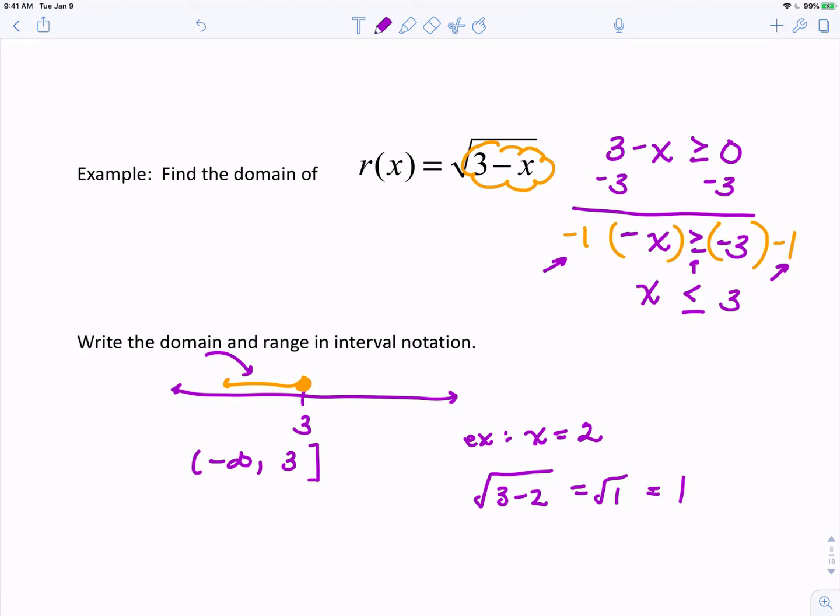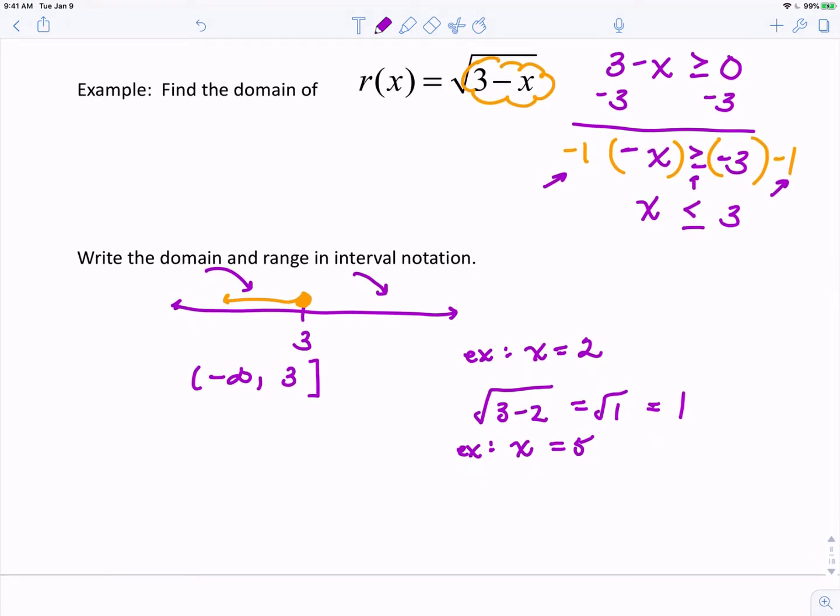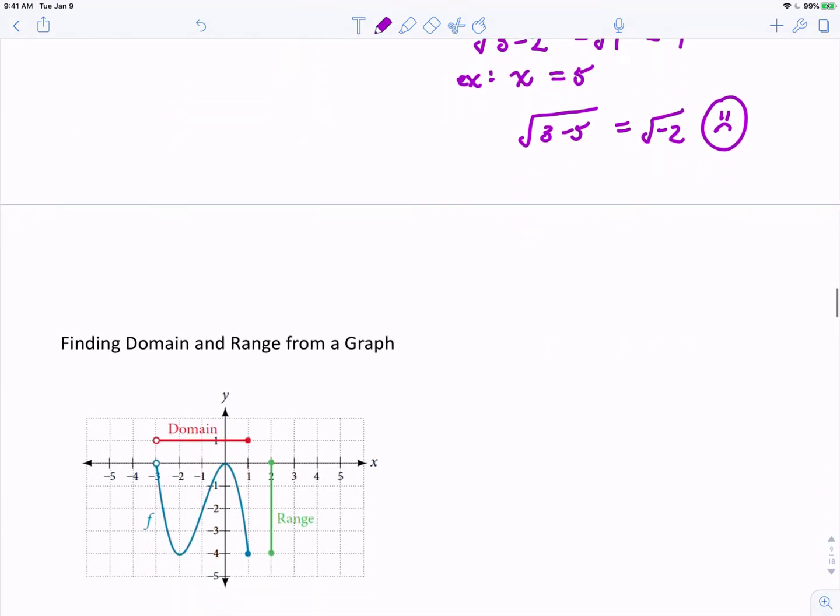But if I put in a number that's not in the domain, for example, let's try x is equal to 5. Notice it's not in the domain. If I were to plug this into the function, I would be looking at the square root of 3 minus 5, which is the square root of negative 2, which is not a real number. And that's why 5 is excluded from the domain of this function.